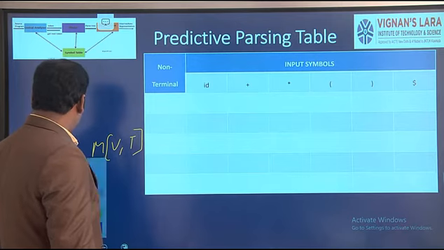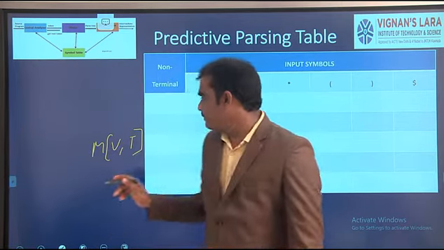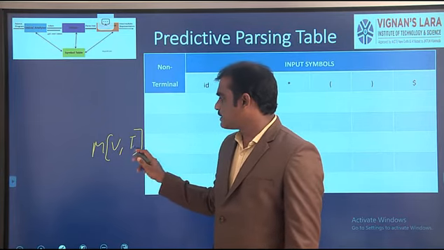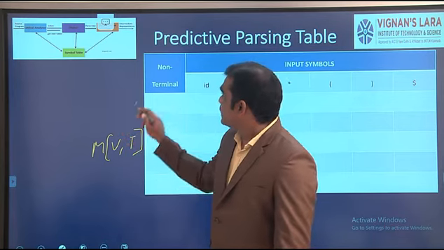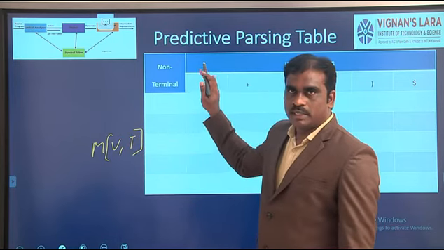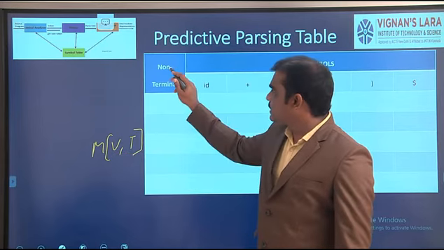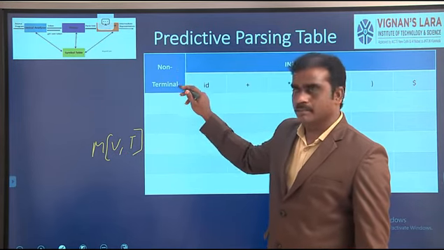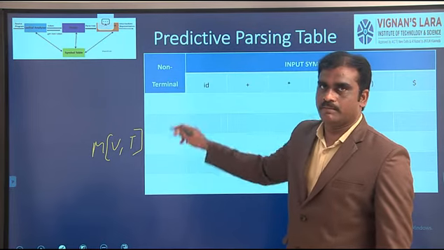So the table is a two-dimensional array where the first one is a variable, that is, the non-terminal, and it is represented column wise.